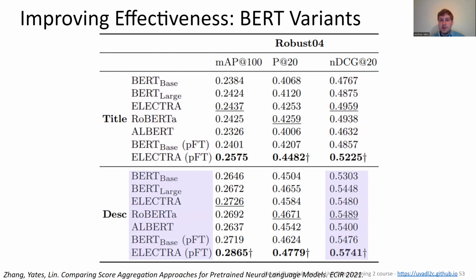And we also see similar results if we switch from these title or keyword queries to the description or natural language queries. Don't want to go into a lot of detail here, but again, pre-fine-tuning is better than not pre-fine-tuning. So compare, for example, 0.55 to 0.53, 0.57 to 0.55. And we see that Electra, again, is a bit better than BERT base. All this to say, there are many transformer models out there.